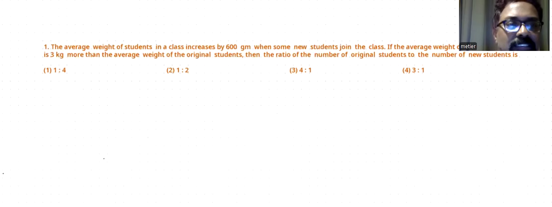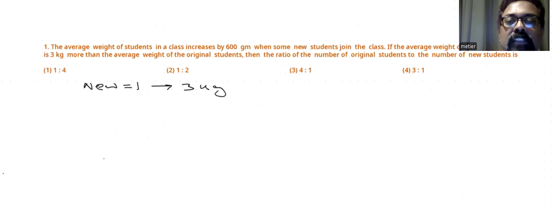Let's go with this. We assume that we have only one new student, right? So if we have only one new student, he will be contributing 3 kg extra. 3 kg means 3000 gram.